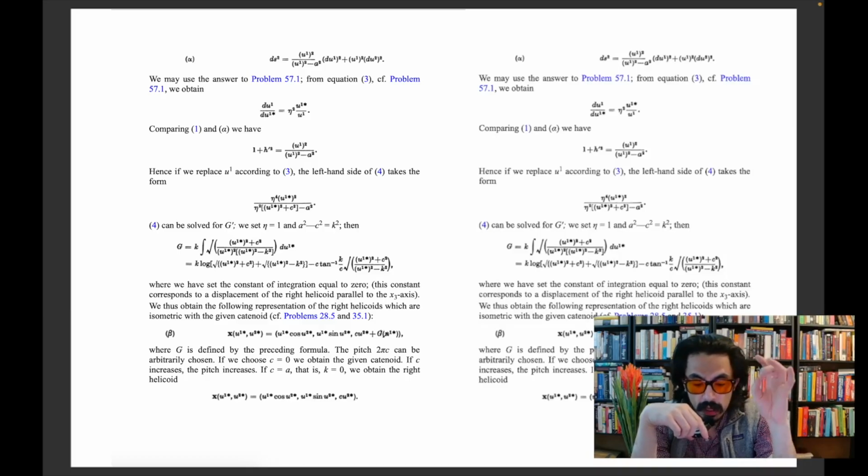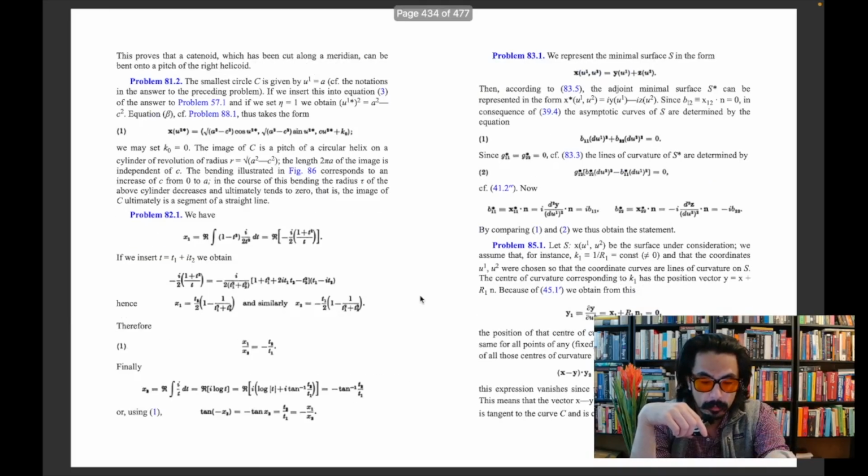If c equals a, that is k equals 0, we obtain the right helicoid with a vector parametric representation of x in terms of u1 star and u2 star equal to, entry-wise, u1 star times cosine u2 star, and then u1 star times sine of u2 star, and then c times u2 star.